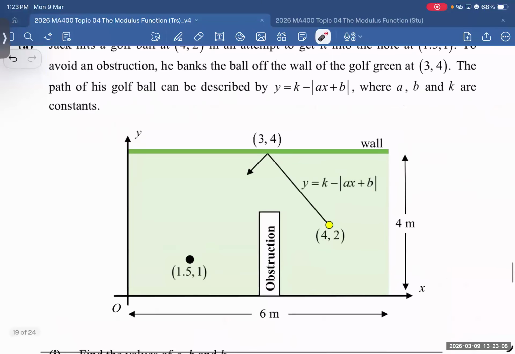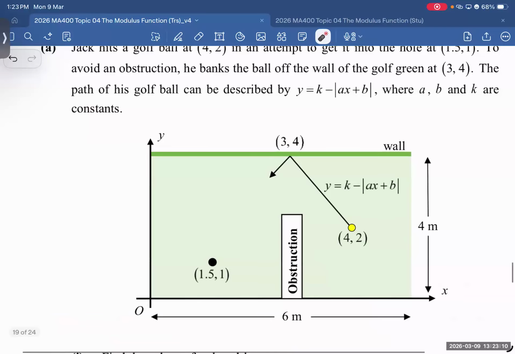Here this one is guaranteed to make A negative, but A could be a positive value: 4 minus 2, divided by 3 minus 4, is negative. A could be 2 or negative, because I do not know whether this line is increasing or decreasing.